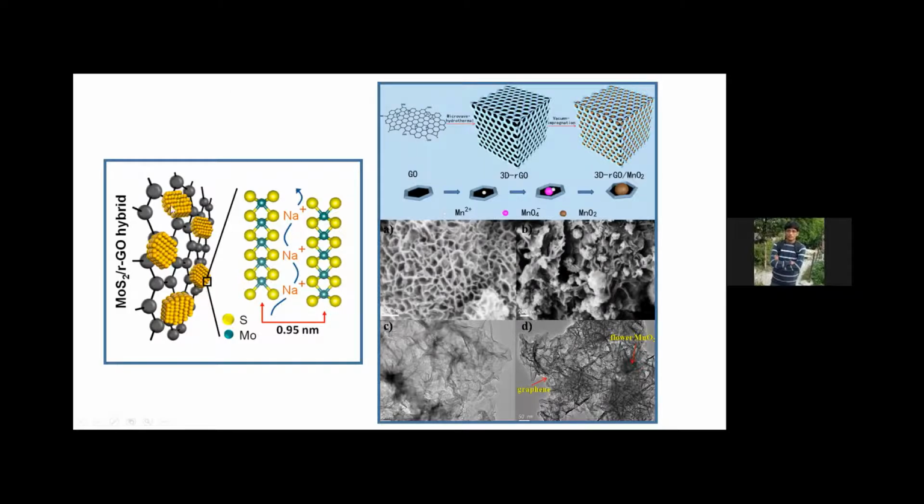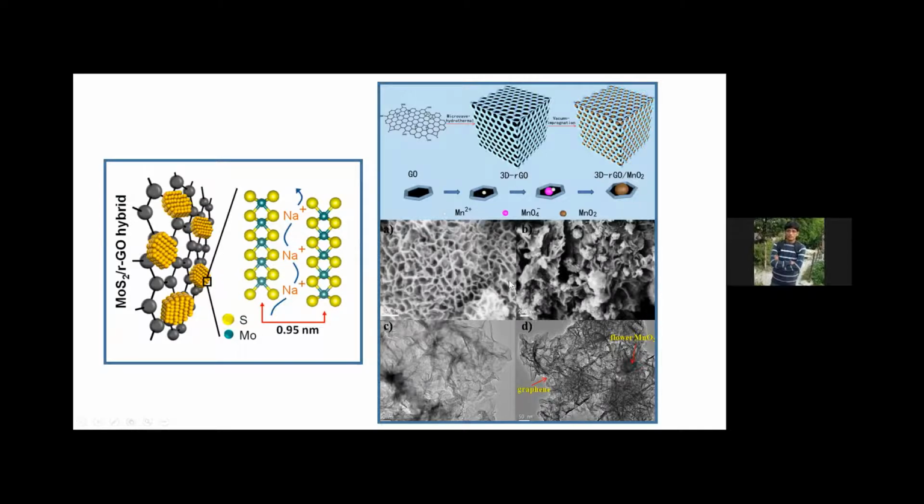As we can see, the MoS2 nanoparticles are well deposited or make a composite with the graphene chain, and as a result, the graphene properties also change, whether it is the interlayer spacing or other parameters. So in this hydrothermal technique, we can get many materials or many nanocomposites.